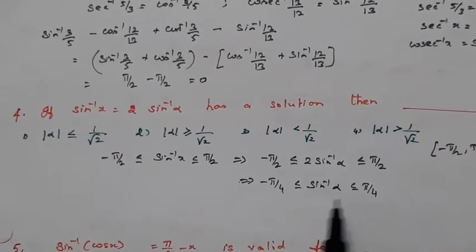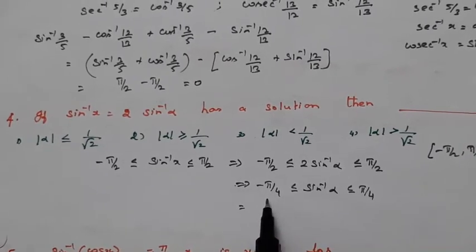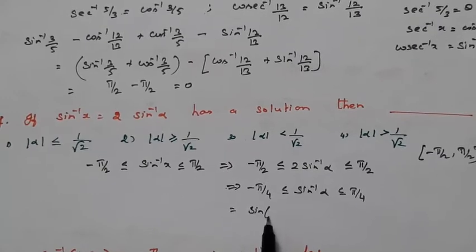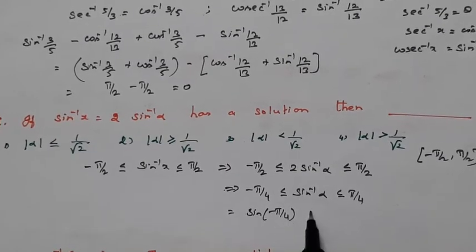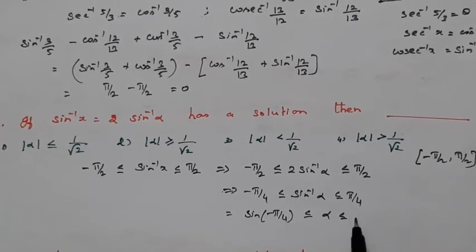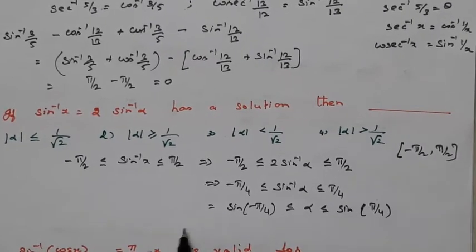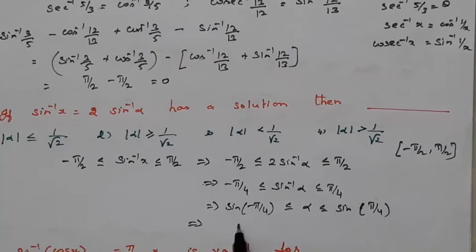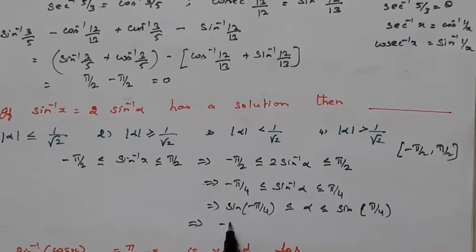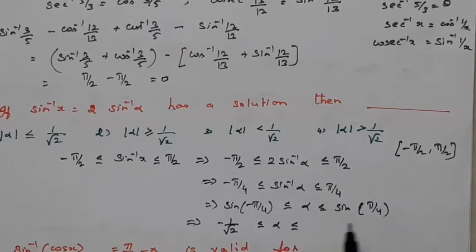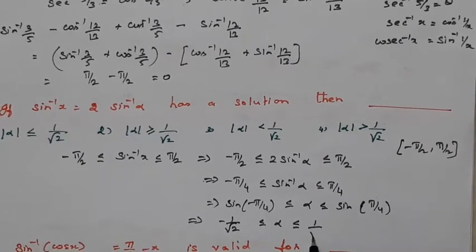Again taking sine throughout, we have sin of minus pi by 4. What is sin of minus pi by 4? That is nothing but minus 1 by root 2. And this implies minus 1 by root 2 is less than or equal to alpha less than or equal to sin of pi by 4, which is 1 by root 2.